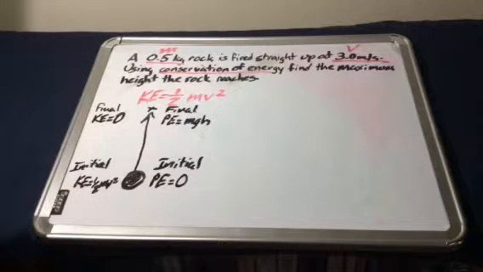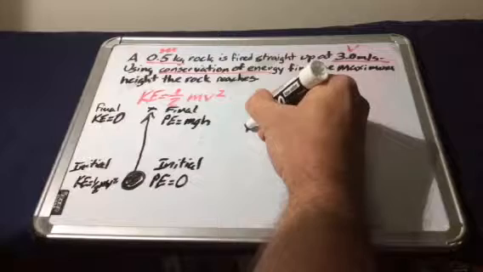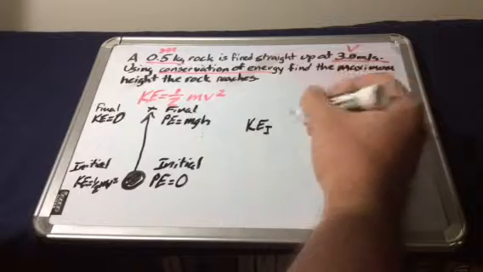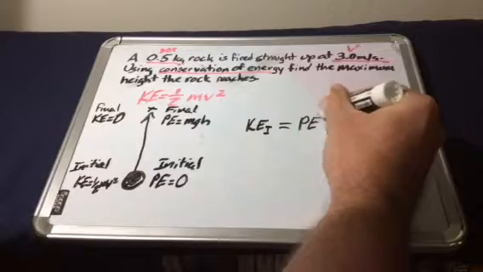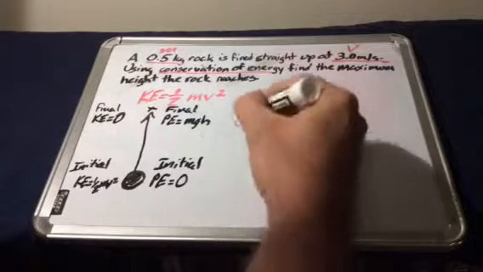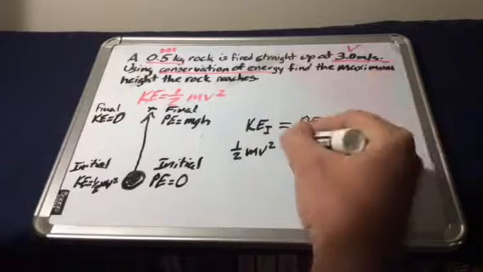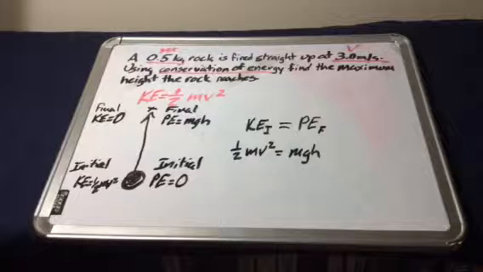That initial kinetic energy, which we'll call KE sub I, I for initial, is going to be equal to the final potential energy, PE sub F. So now I've got 1/2 mv squared equal to mgh.